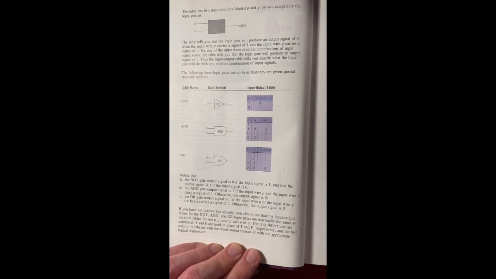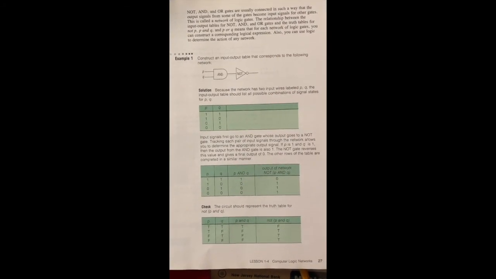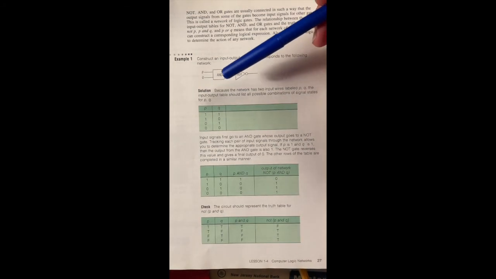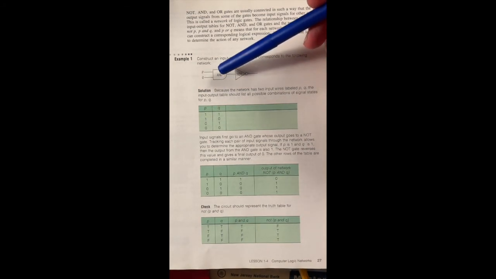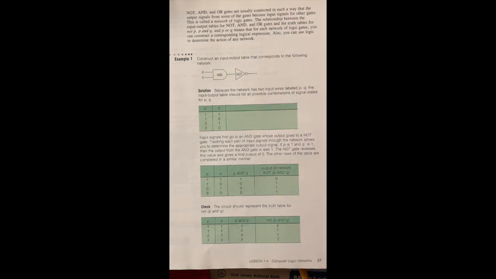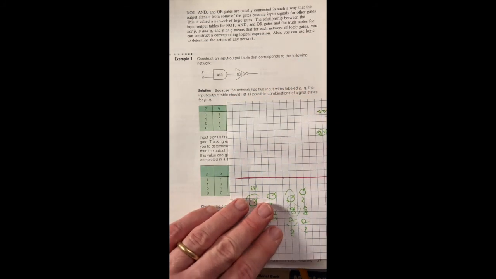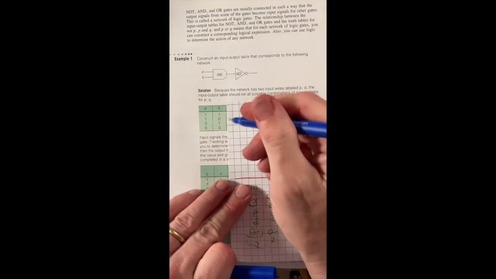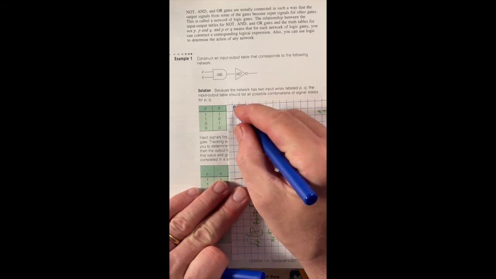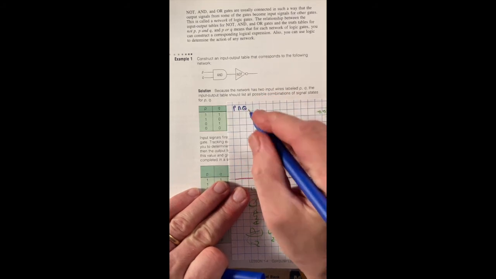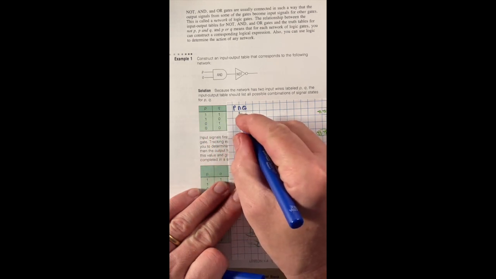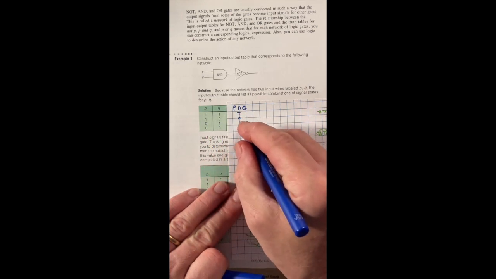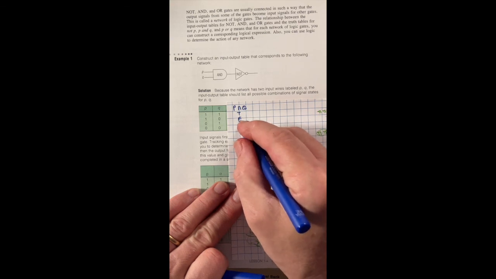And so here is an example of what that looks like. And the truth is, we've already done this, right? But we can do it again. Okay. Here's P and Q. So this would be true here, and then false, false, false.